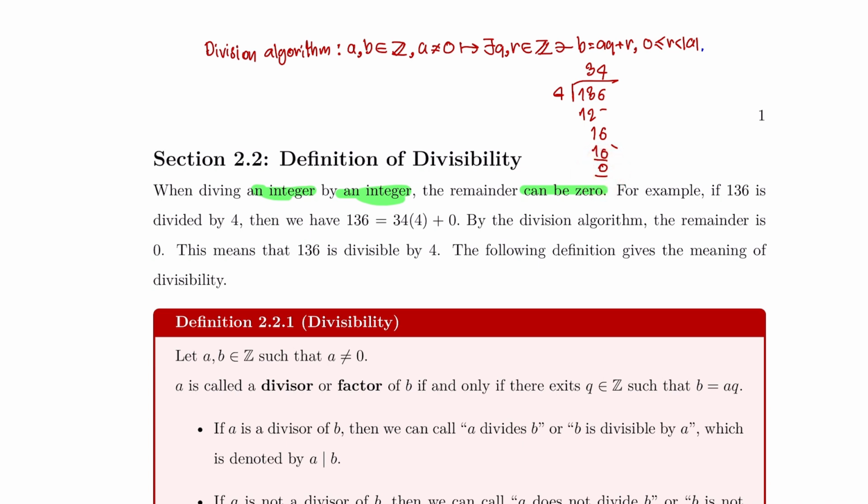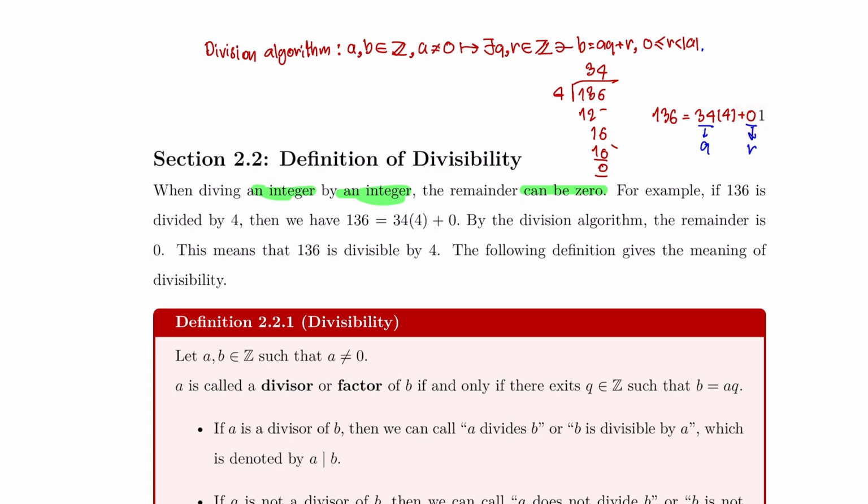So 136, according to the division algorithm, with 136 and 4, you're going to have 34 times 4 plus 0. So 34 is Q, 0 is R, and R is the remainder. In this case, R is 0.